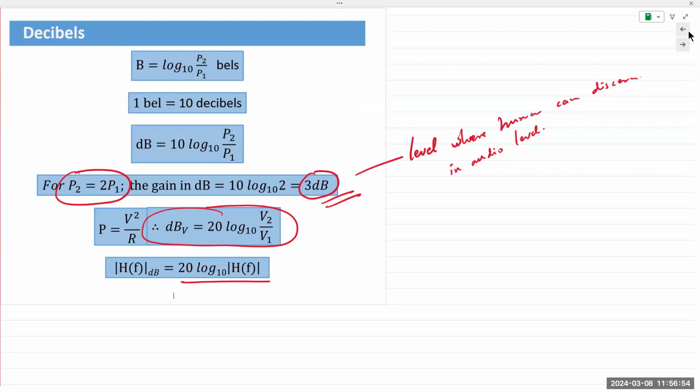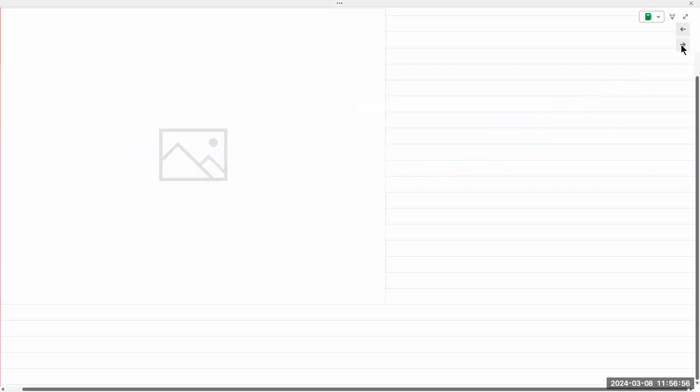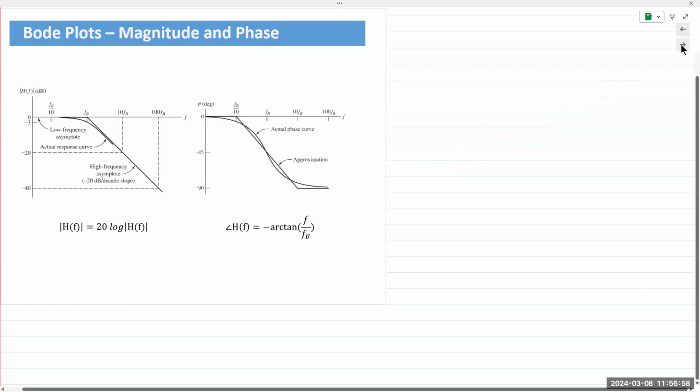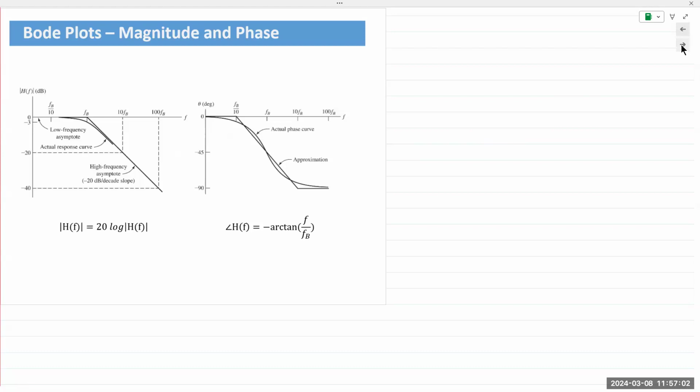Make sense? And thus, we obtain what is known as Bode plots. Bode plots are straight line approximations of certain areas of the frequency response. So whether it is a low pass filter or a high pass filter, we can use Bode plots to describe those.